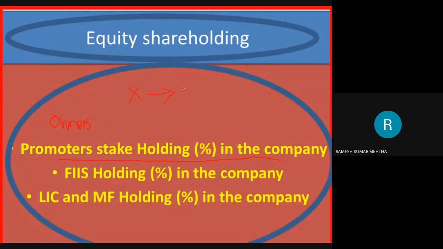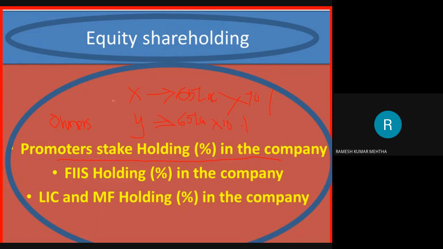The equity share capital is some 65 lakh shares, and the owners are holding some 70% of the total equity share capital. Y company is there. The total share capital is 65 lakhs, and they are holding only 10% of the equity share capital.